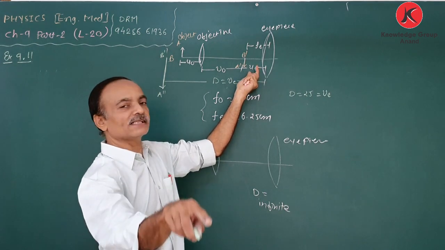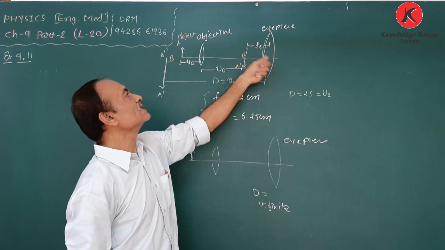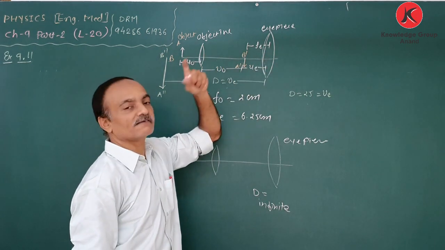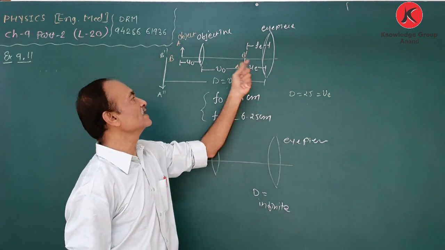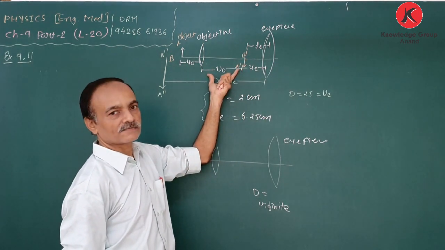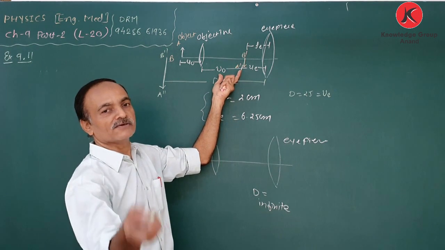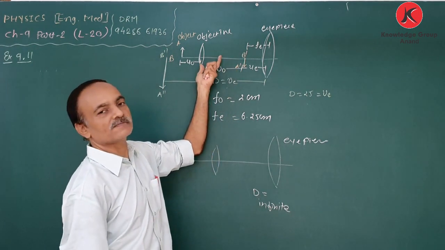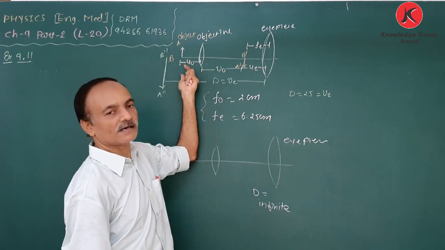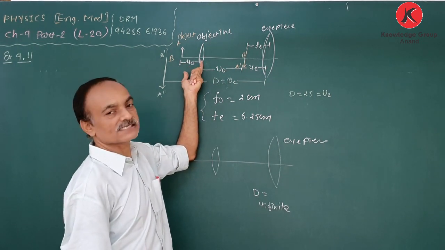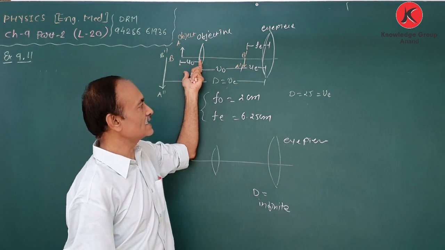After obtaining UE, the distance between the two lenses is given as 15 centimeter, so 15 minus UE gives V0. Again we use the lens equation for the objective, so we obtain U0. That is our requirement. Clear this? Okay.